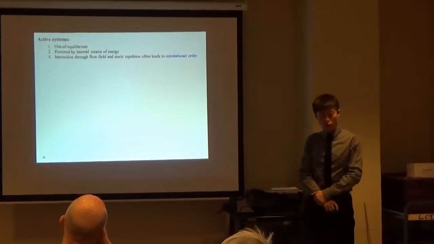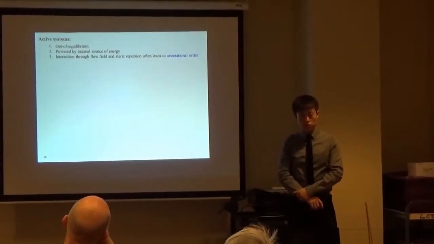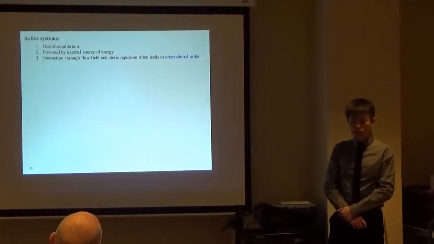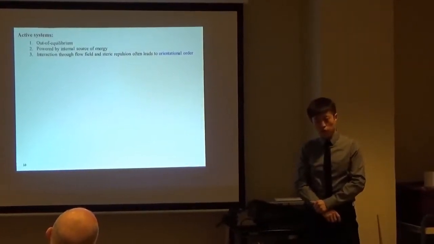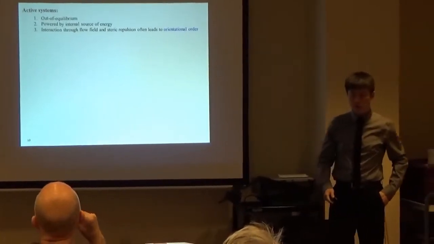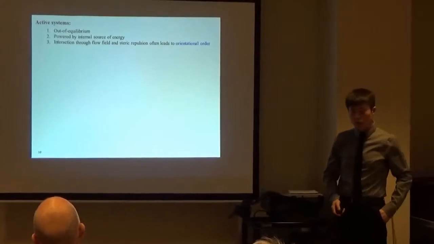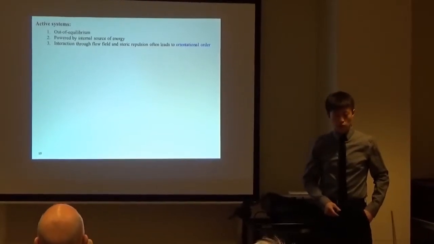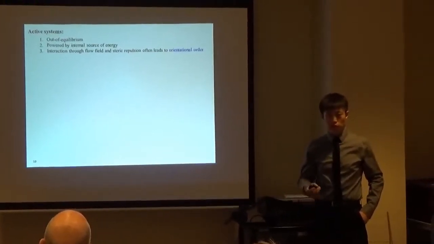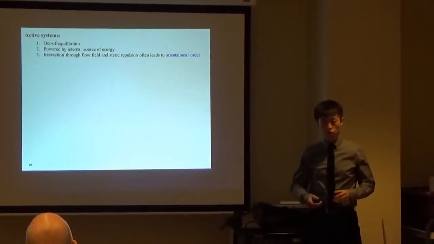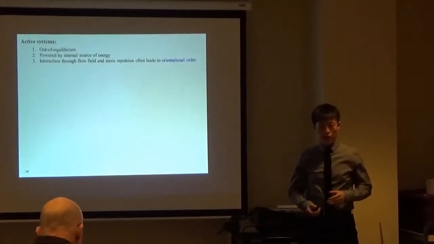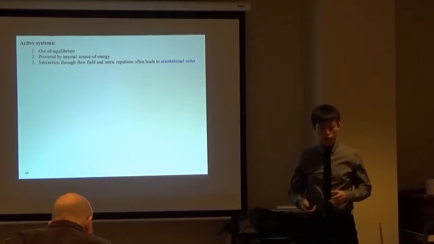So far we have talked about studies in the equilibrium state of material. There exist a variety of systems in our life that are intrinsically out of equilibrium. They are called active systems. So in active systems, like bacteria swarms or fish schools, each individual is powered by an internal source of energy to drive the motion.